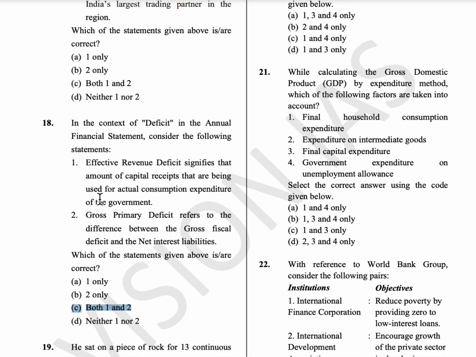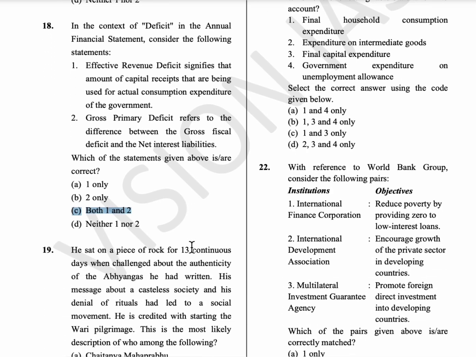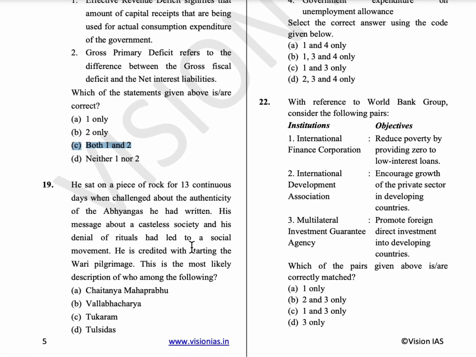See, the meaning is simple, but they gave it very complicated. Next is gross primary deficit refers to the difference between the gross fiscal deficit and the net interest liabilities. So option C.